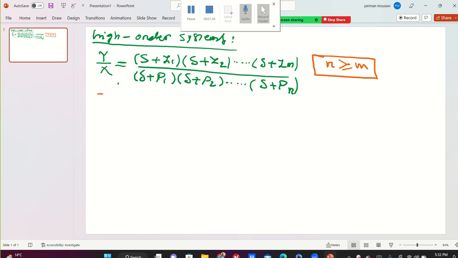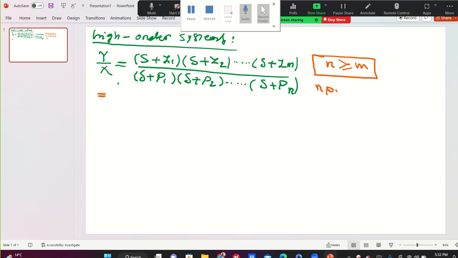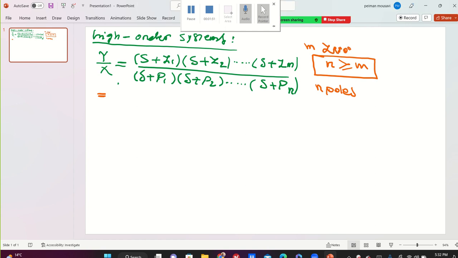So in this closed loop system for higher order system, this is an nth order system, because you have n poles and m zeros. So you can factor out z1 from here, z2 from here, zm from here.